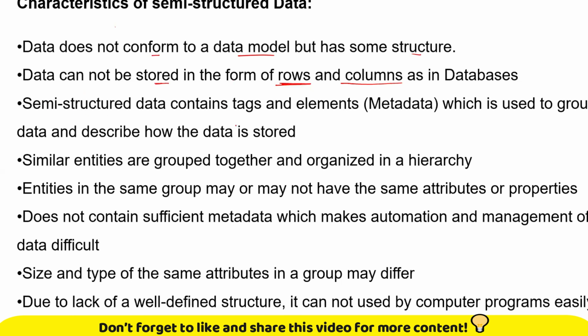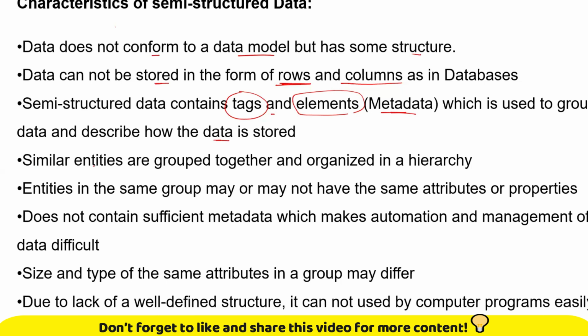Semi-structured data contains tags. It maintains some sort of tags and elements, which is called metadata. The combination of tags and elements, called metadata, is used to group data and describe how data is stored. By using tags and elements, we can describe this data and make some sense out of it.